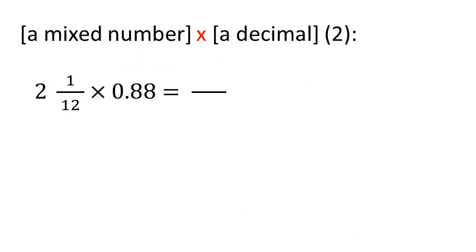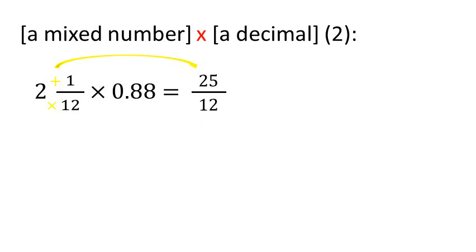Let's look at one more question. 2 and 1 over 12 times 0.88. Let's change a mixed number, 2 and 1 over 12, to an improper fraction. Multiplying 2 by 12 plus 1 becomes 25, and the denominator 12 stays the same.